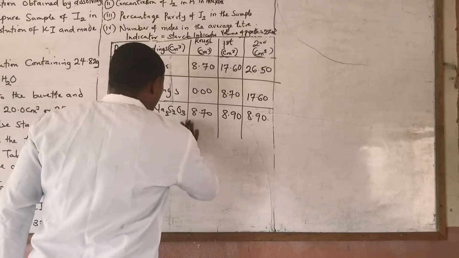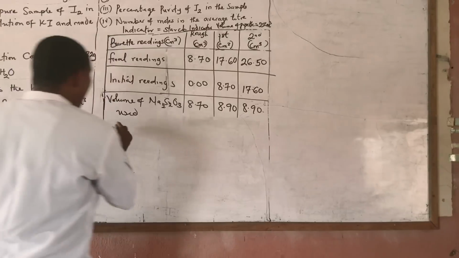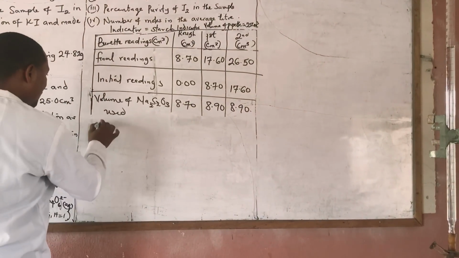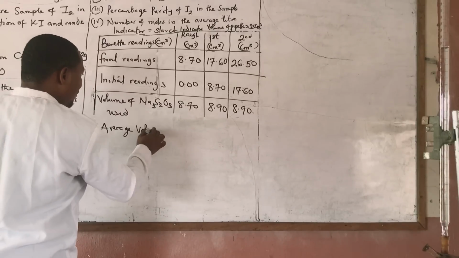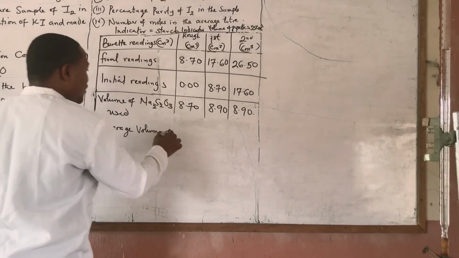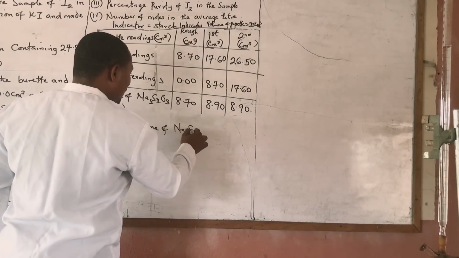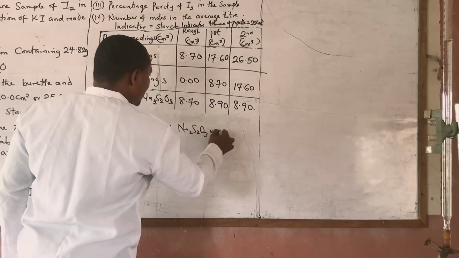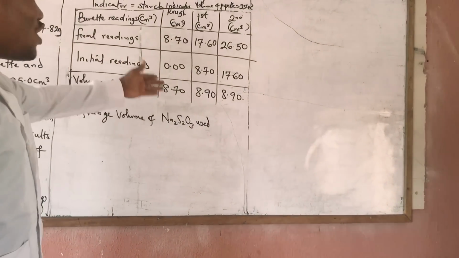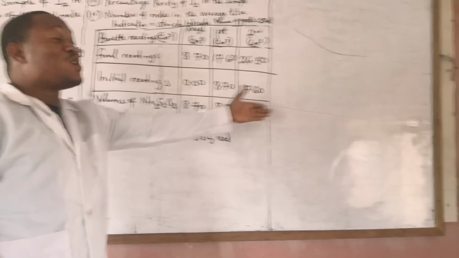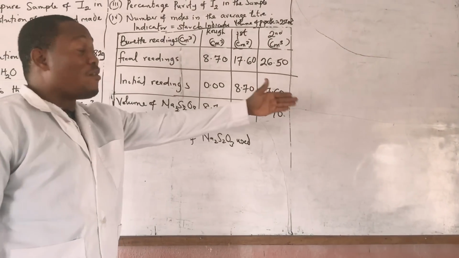Then we can now have our average volume of sodium thiosulfate used. Okay? Sometimes you can even use your rough, if the rough is closer to your titrations.